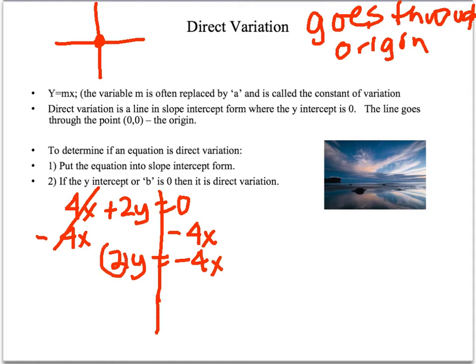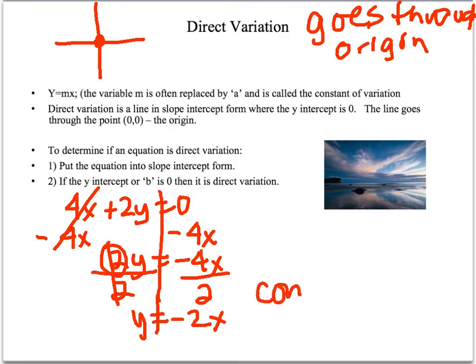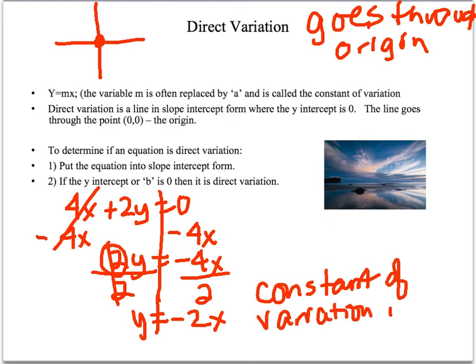But right now I've got to get rid of this 2 because y is not by itself. So I have 2 times y, so to undo multiplication, I divide. So let's divide both sides by 2. They cancel out because anything divided by itself is 1. So I have y equals negative 4 divided by 2, which is negative 2x. So my constant of variation is negative 2.